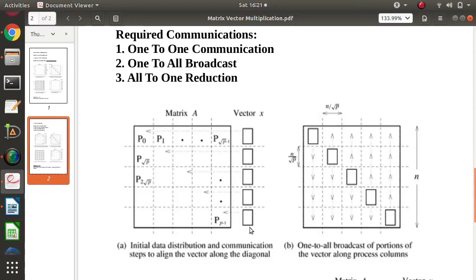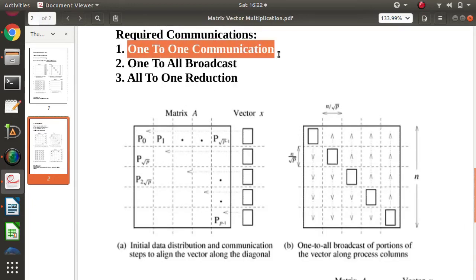And this is a vector. Initially, this vector is held by the processes who are holding this last column. Whatever process is holding this value is also holding this vector value. Now see, the first step that we require is a one-to-one communication.